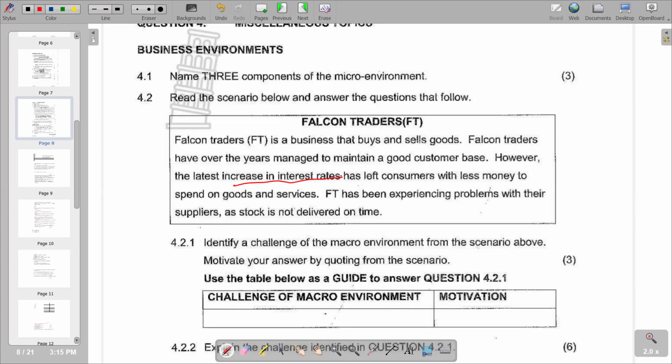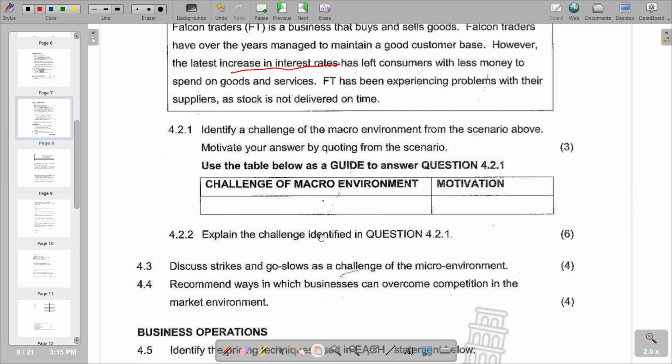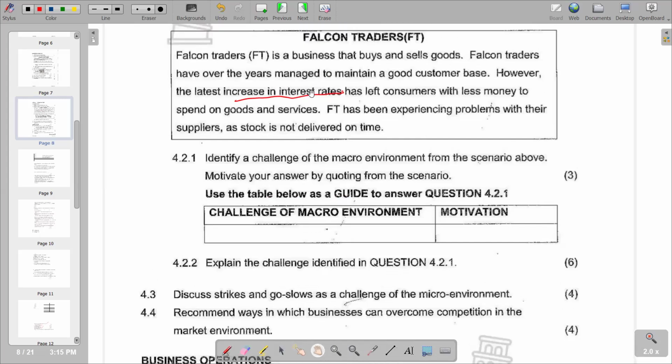Then we go to the next part, which is 4.2.2, explain the challenge identified in question 4.2.1. This challenge is going to lead to less spending on goods and services. So it's going to reduce the business revenue and also the profits made by the business.